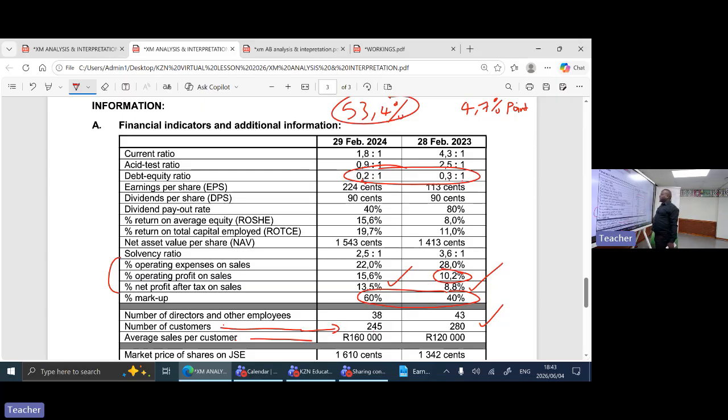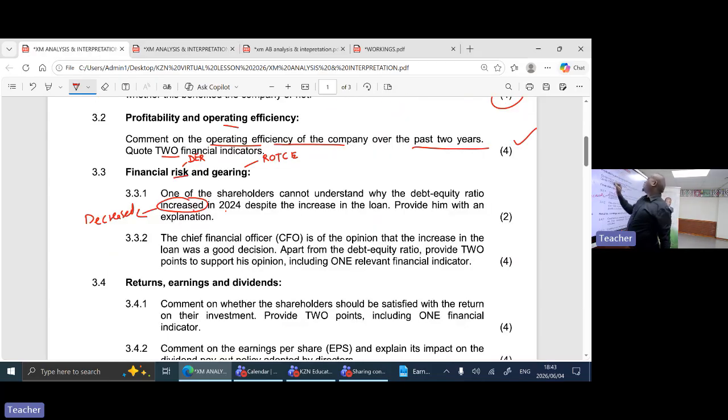So I don't know why the examiner used increase instead of decrease. Nonetheless, I must put a disclaimer up front: I am not sure whether this was an error or not.